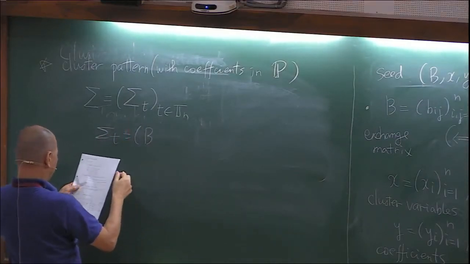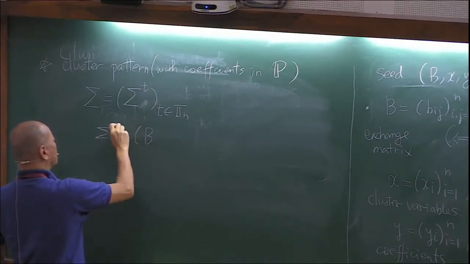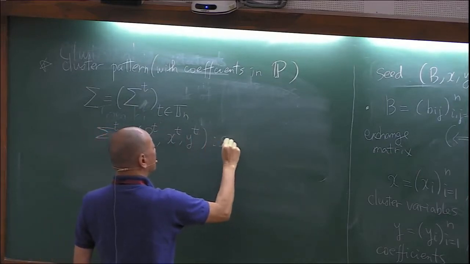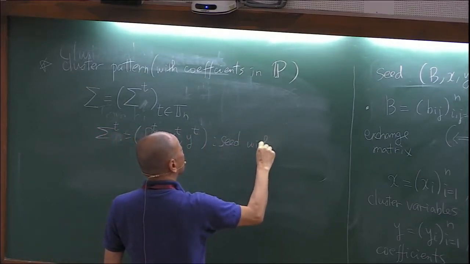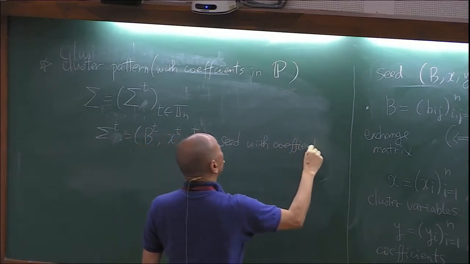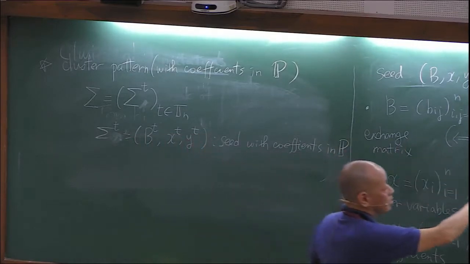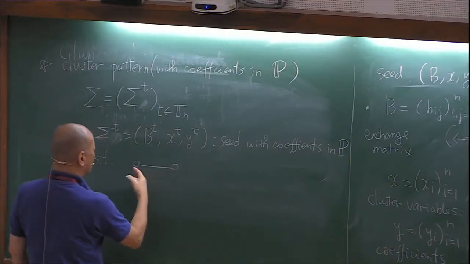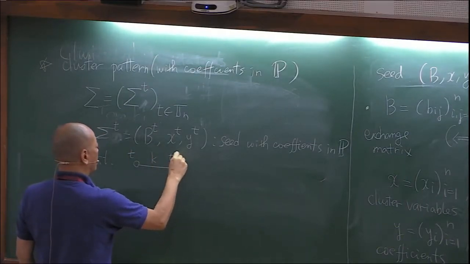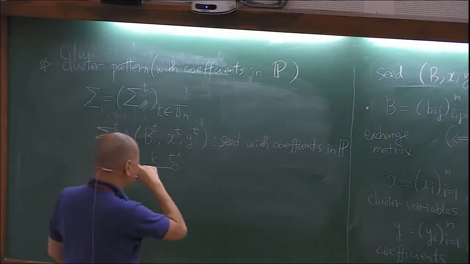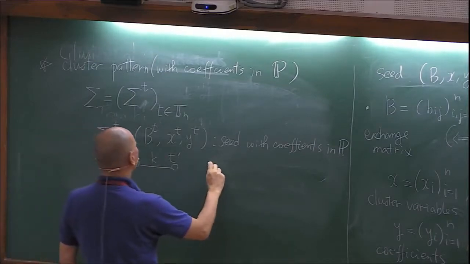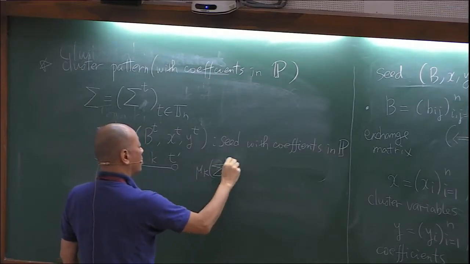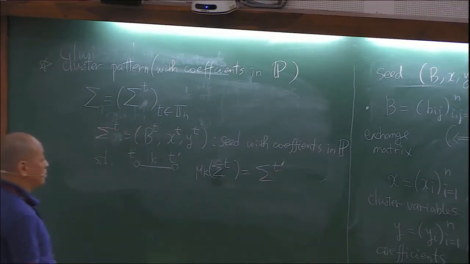Okay, I'm sorry, I changed to the superscript everywhere: (B_t, x_t, y_t), which is a seed with coefficients in P, which is just defined here, such that for each edge labeled in such a way, with one end called t and the other t prime, the mutation of sigma_t is sigma_t prime.